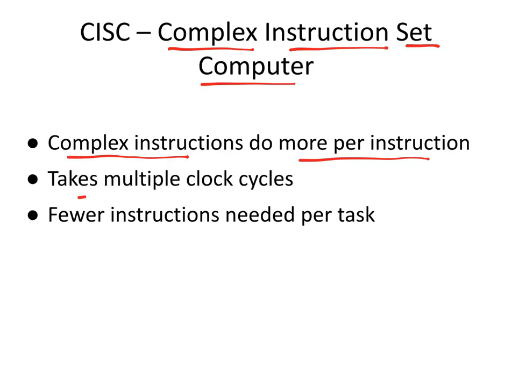But it takes multiple clock cycles as well, because it needs to do multiple tasks and the instructions are complex. This reduces the total number of instructions, so we need fewer instructions per task, but it slows down the execution as it takes multiple clock cycles.